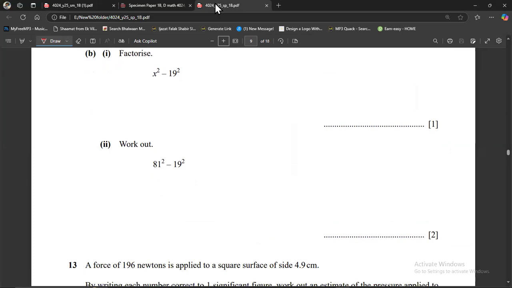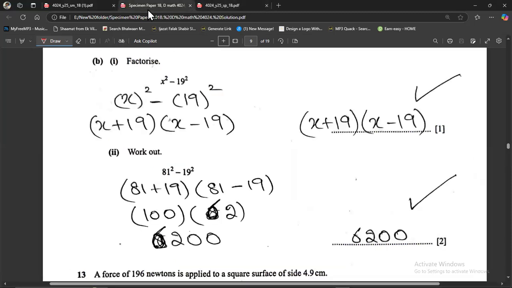Work out 81 square minus 19 square. I'm going to use the identity. These are two perfect squares, and we have a negative between them. It's a difference of two perfect squares, so I'm going to apply the formula A square minus B square equals A plus B into A minus B. Very easy.